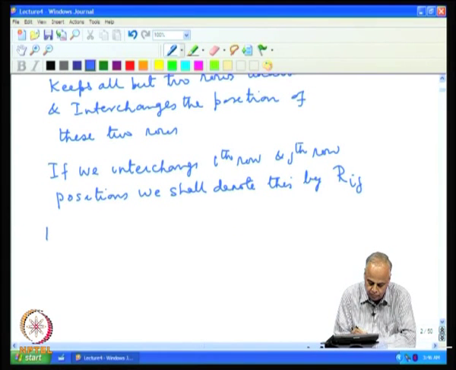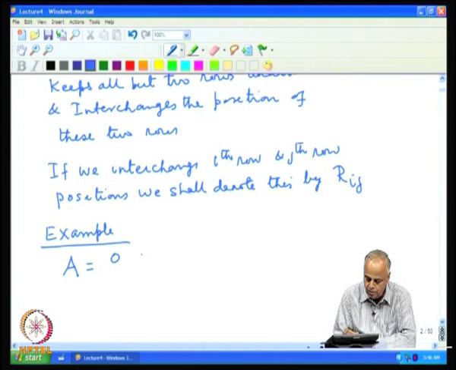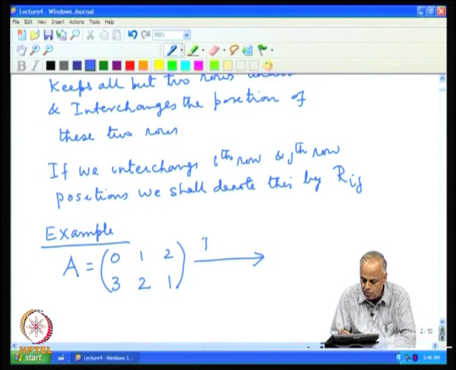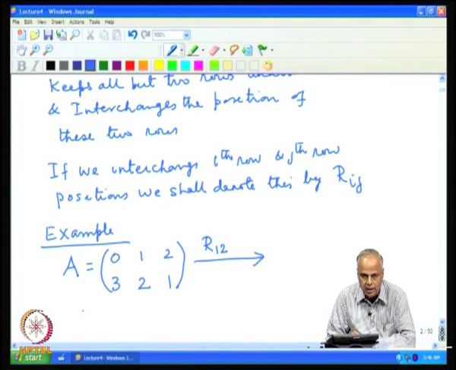For example, if we take the matrix A 0, 1, 2, 3, 2, 1, then when we put the arrow and write R 1 2, what we mean is we are applying an elementary row operation on the matrix A. The operation is row exchange, and this is 1 and 2, say the first and the second row are going to be interchanged, and this results in 3 2 1 0 1 2.